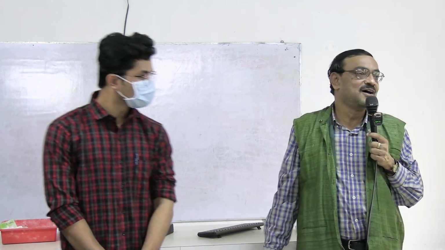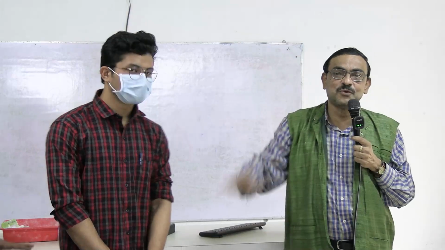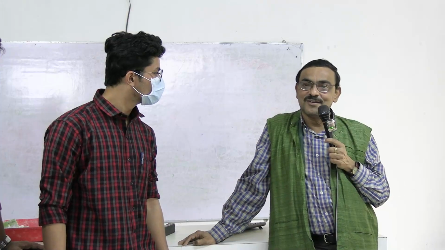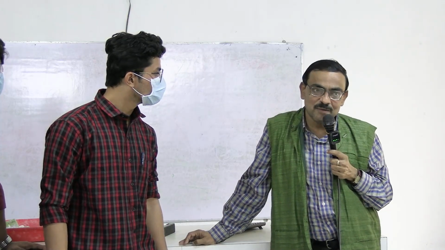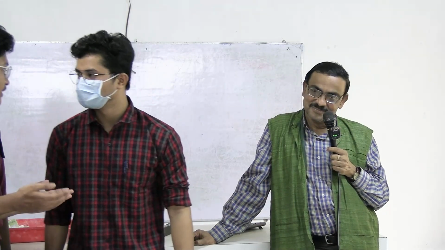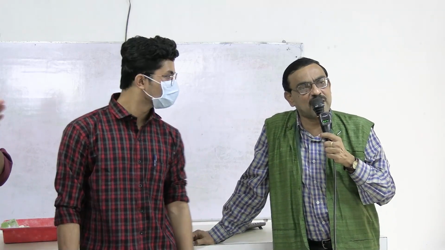Sir, there are 4 branches from the thoracoacromion artery. Can you justify the name of the thoracoacromion artery? Achha, what are those branches?